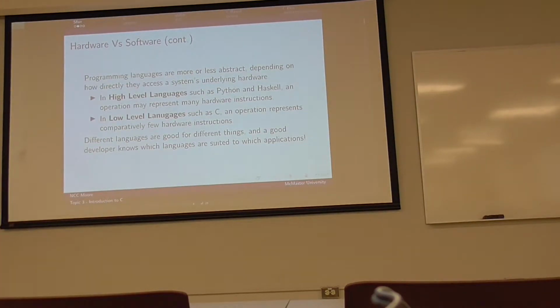So, if you do a for loop in Python, that may correspond to many hundreds of hardware instructions, right? Even a four-line for loop might correspond to a lot of hardware instructions. In C, you're talking probably tens of instructions rather than hundreds.